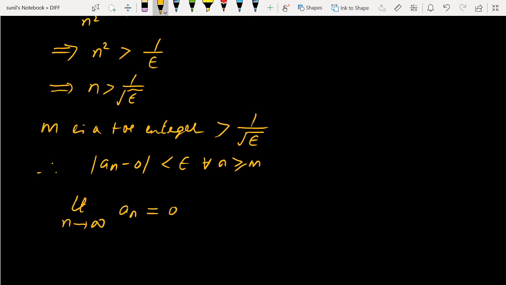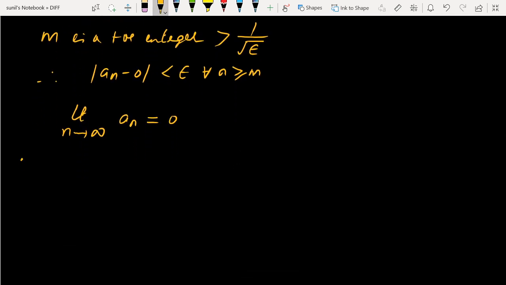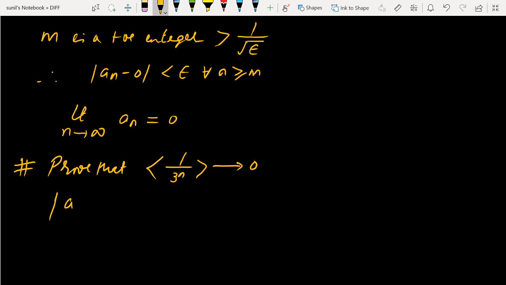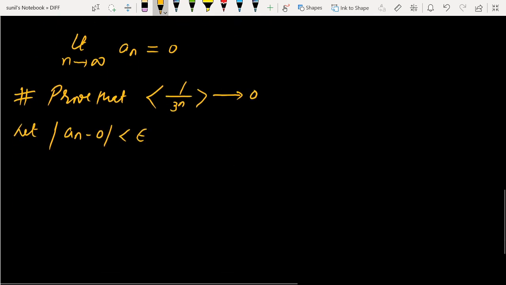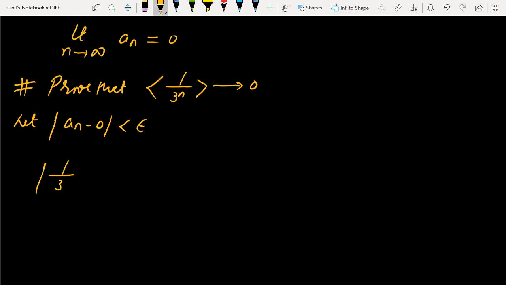Now friends, let us consider one more example. The question is: prove that the sequence 1 upon 3 to the power n converges to 0. My method is almost the same: mod a_n minus 0 less than epsilon, that is, mod 1 upon 3 raised to power n minus 0 is less than epsilon. Now my search is to get n, so 1 upon 3 to the power n is less than epsilon.